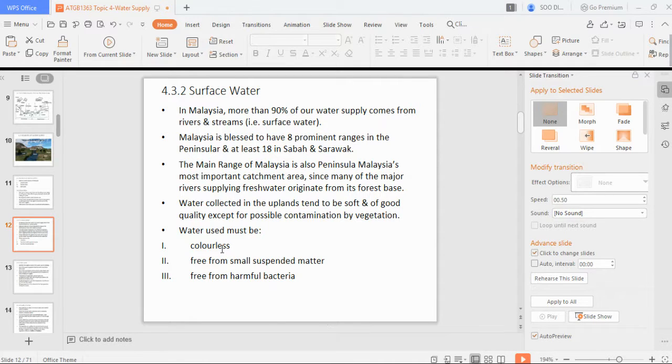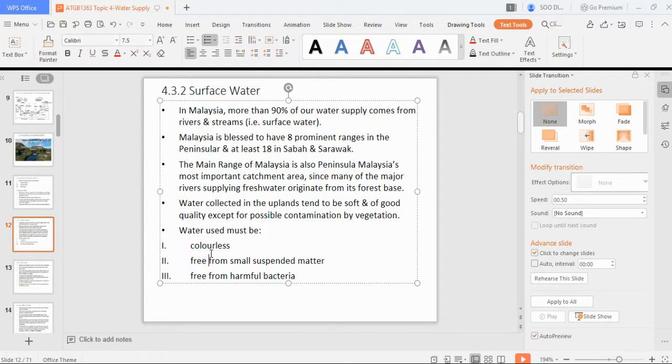All the water that we use must be colorless, free from small suspended matter, and free from harmful bacteria. Colorless is what water should look like lah. Free from small suspended matter means we don't want our water to be filled with inorganic material like maybe wood, sand, or vegetation.